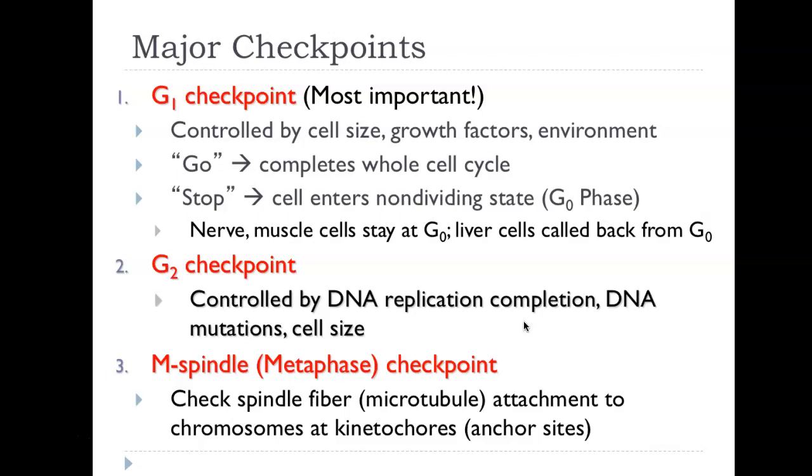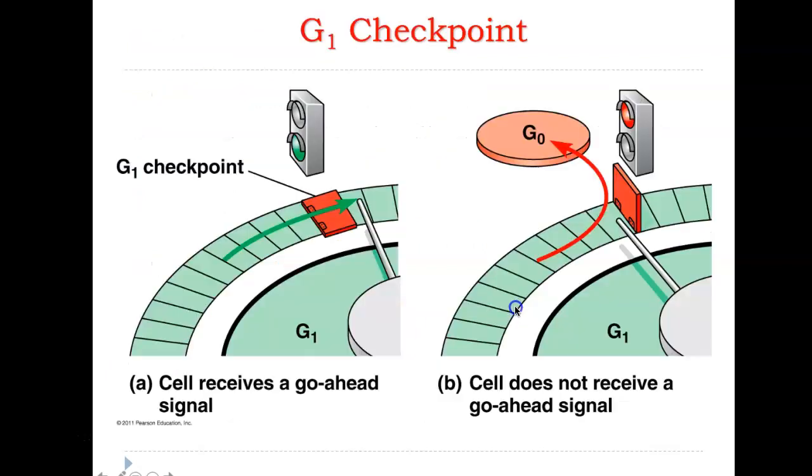The microtubules grow out of the centriole to form the spindle. The spindle is what the chromatids attach to and what aids in them pulling apart. Okay, so the M spindle metaphase checkpoint is in the very middle of mitosis. It checks to make sure the spindle is formed correctly and that chromosomes are attached to their kinetochores correctly.